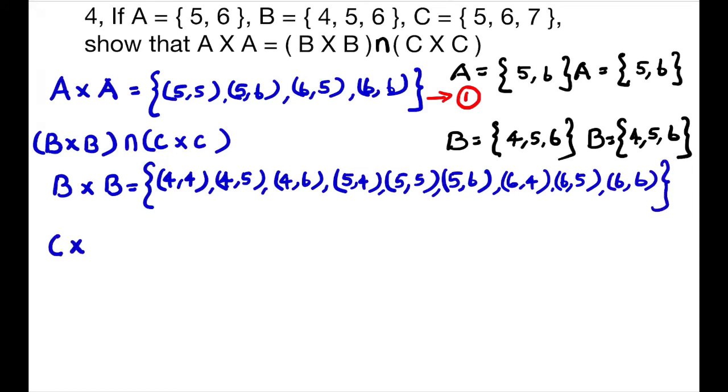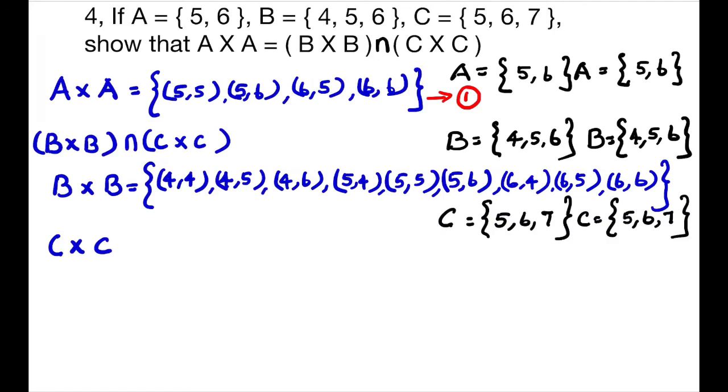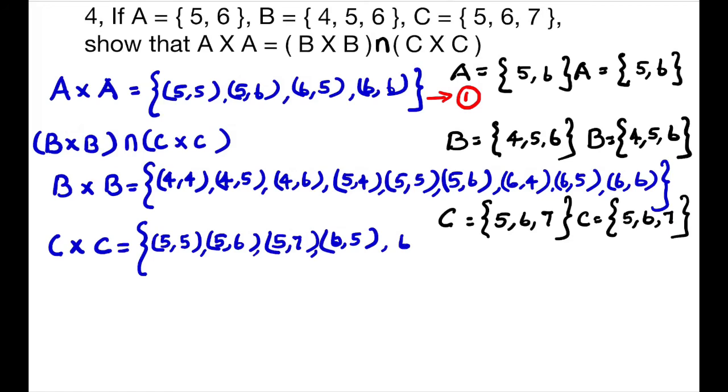C cross C is equal to the set of all ordered pairs (5, 5), (5, 6), (5, 7), (6, 5), (6, 6), (6, 7), (7, 5), (7, 6), (7, 7).